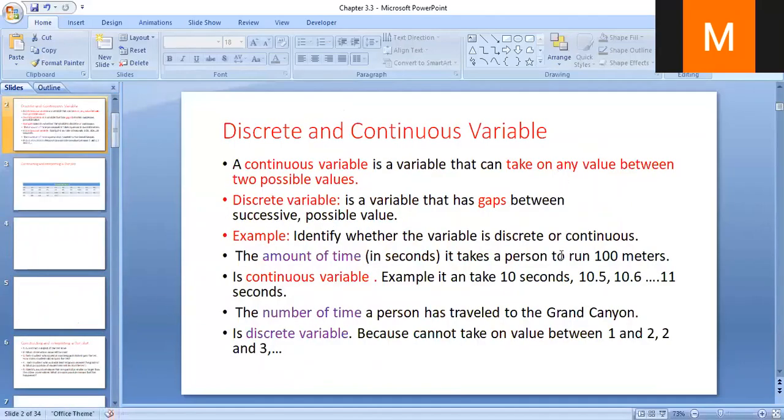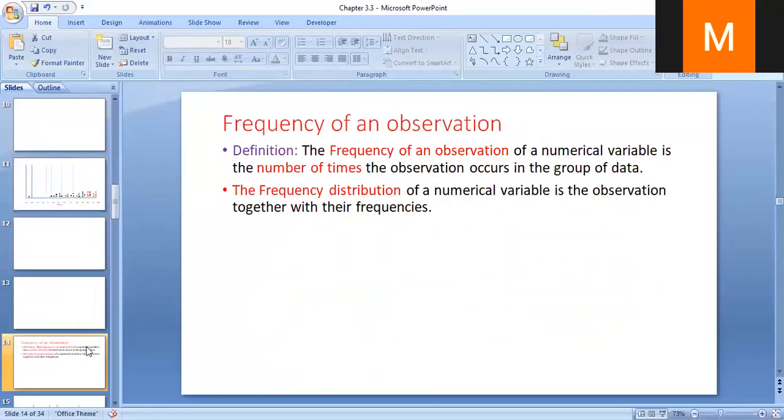But in this problem, in this chapter, you focus on the percentile. A frequency observation is the number variable in the number of time observation. And frequency distribution is the numerical variable in observation together with the frequency.